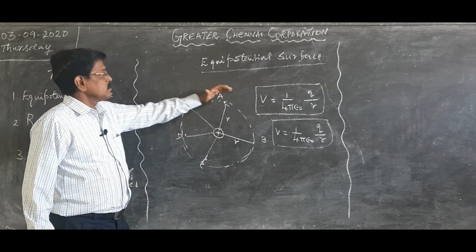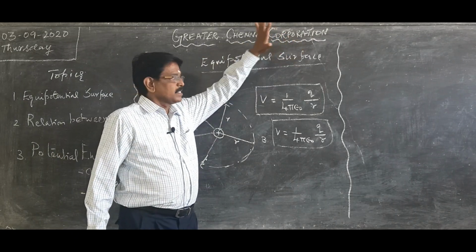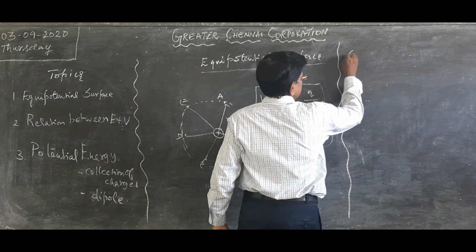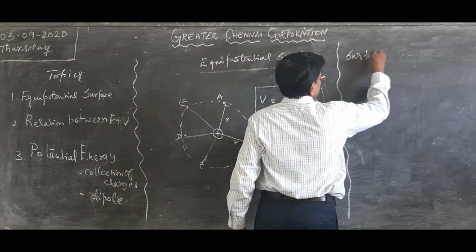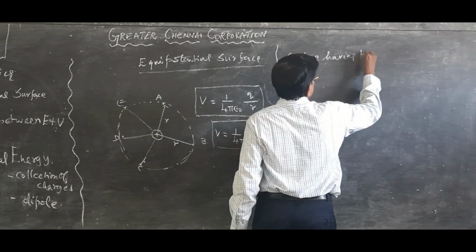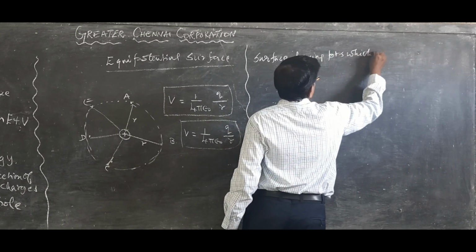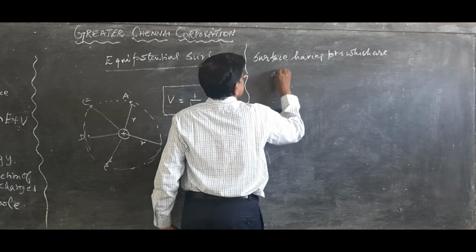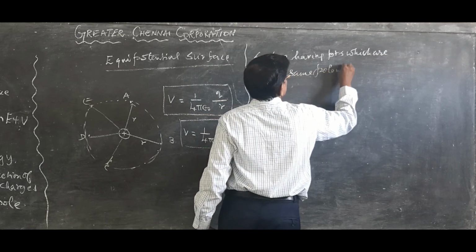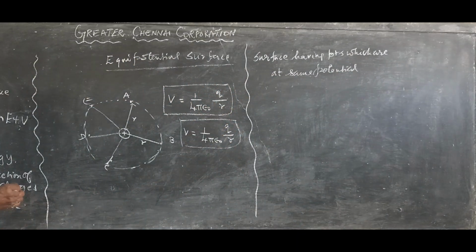Now you can say this surface is an equipotential surface. So the definition of the equipotential surface is, it is a surface having points which are at the same potential. So this is the definition of equipotential surface.